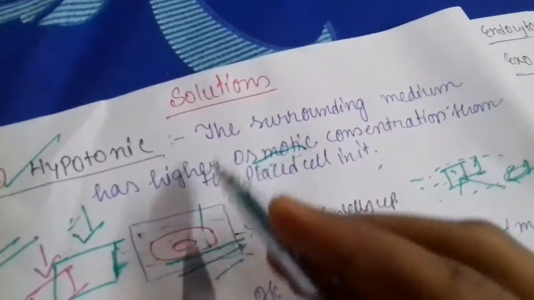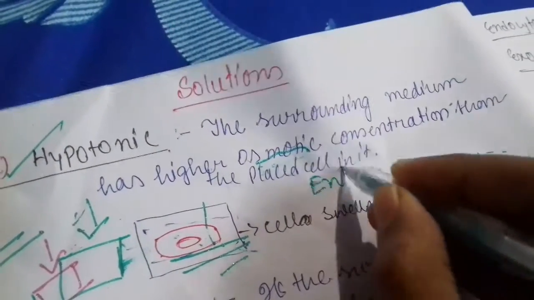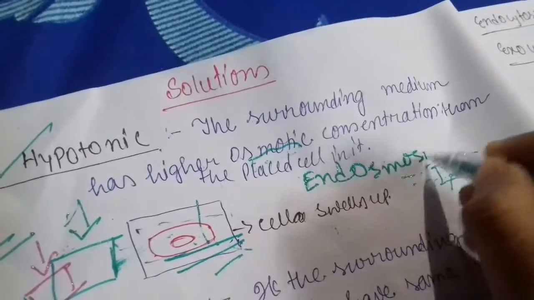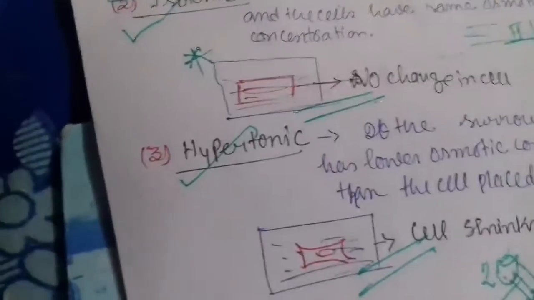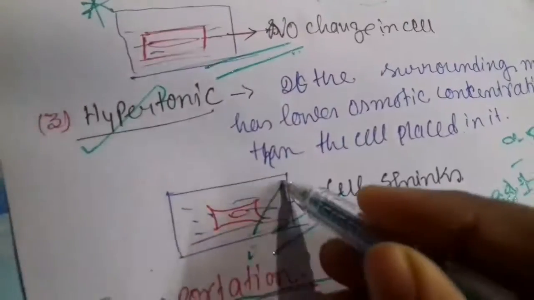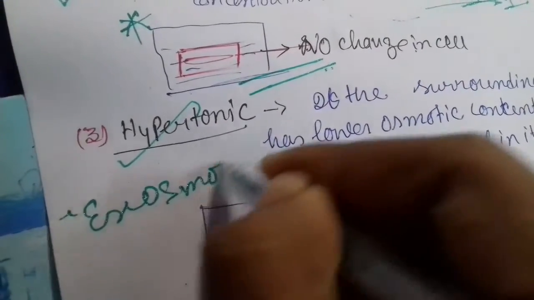In hypotonic, the cell receives the water, it absorbs, so it is endoosmosis. And in hypertonic, the water goes to the surrounding medium from the cell, meaning it expels, then it is exoosmosis.